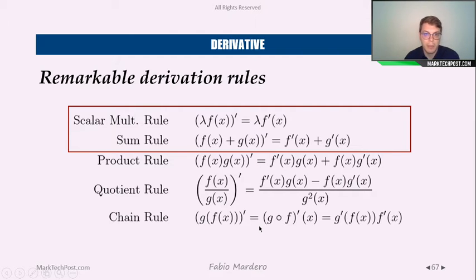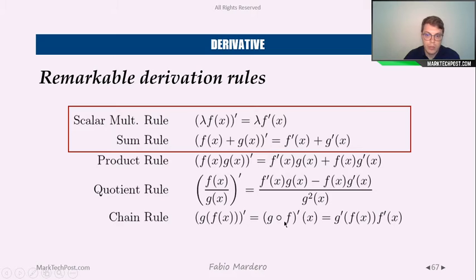These are remarkable derivation rules. There are a lot of others that we will not cover right here. Just to add another point, the chain rule. The chain rule describes how to compute the derivative of a composition of functions.